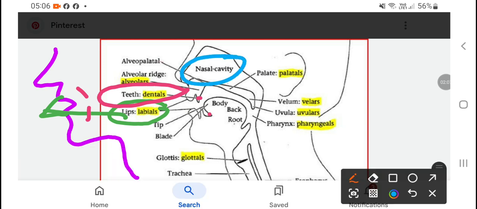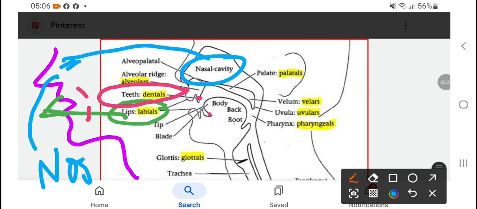This is the nasal cavity. Somewhat you can show it here, right? And here they haven't written, but I will tell you, you can write nostril. Behind the nostril there is the nasal cavity.